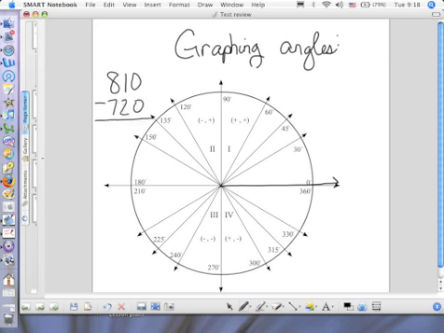And then we need to figure out how much more we need to go. Another 90. Okay, so 1 full circle is 360, plus another 360 is 720, and 720 plus another 90 will get me to 810. So that would be your angle.